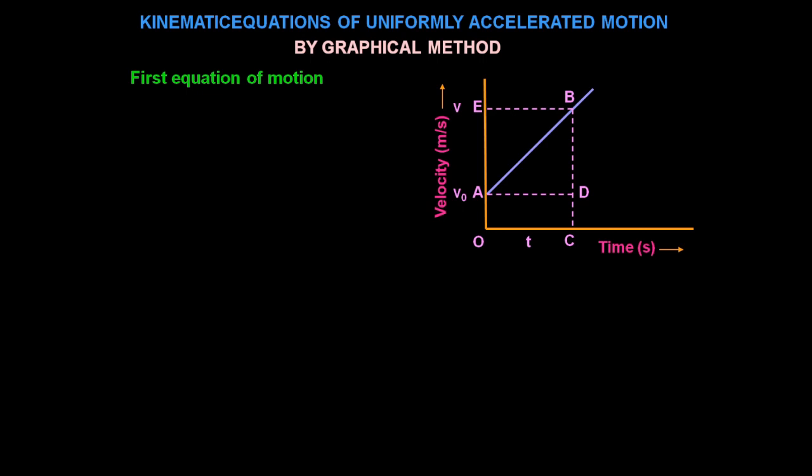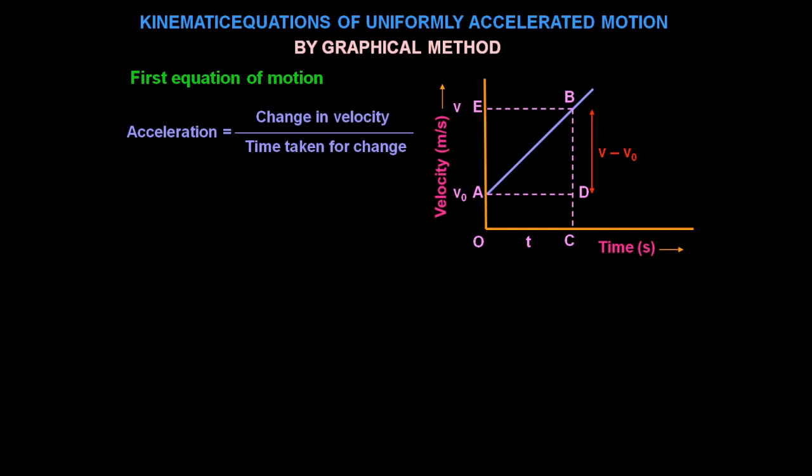From v0 to v1, a uniformly increased or accelerated body covers t1 to t2 time, which is total time t. The slope is the perpendicular distance to the base, because slope gives us the acceleration. So acceleration is equal to perpendicular distance v minus v naught by base distance, which is t.